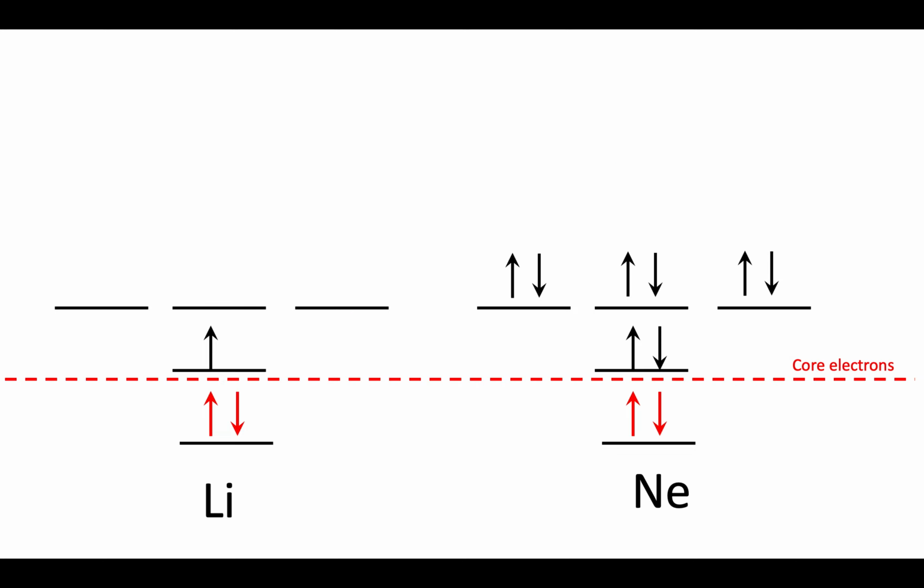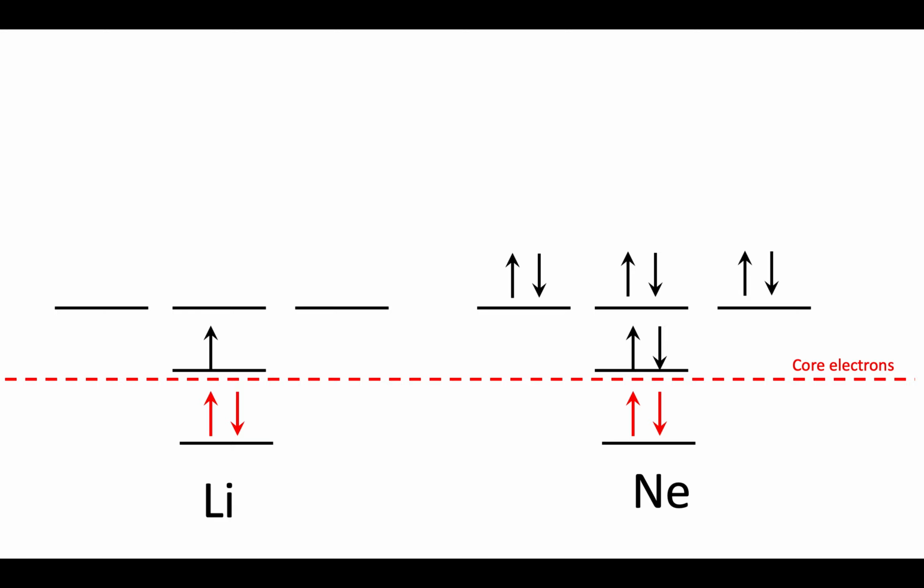So why do the elements get smaller as we go from left to right? Well, if we look at a single n level on the periodic table, lithium to neon, the Z, or charge of the nucleus, increases, so from plus 3 to plus 10, but the charge from the core electrons does not change.